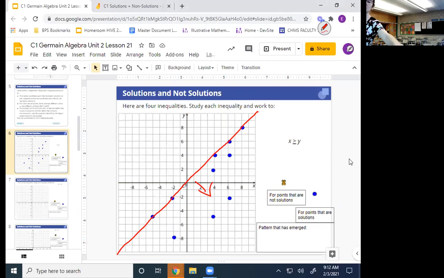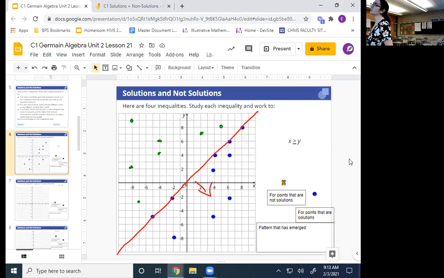Some non-solutions, nice job, Kyle Kelly, would be a point here, here, here, here, here, boom, boom. There we go. So non-solutions I did as green, solutions I did as blue. So you're plugging random coordinates in, and you're deciding, does it make it true? Yes or no. Okay, very good.